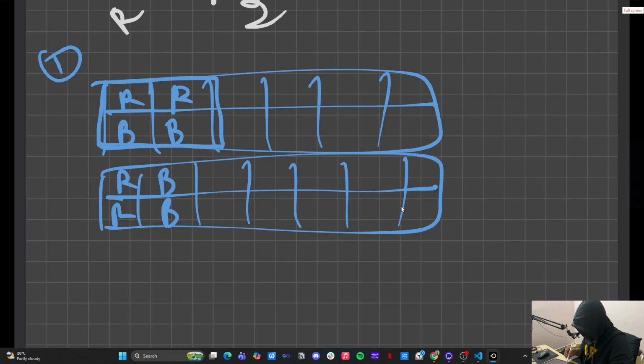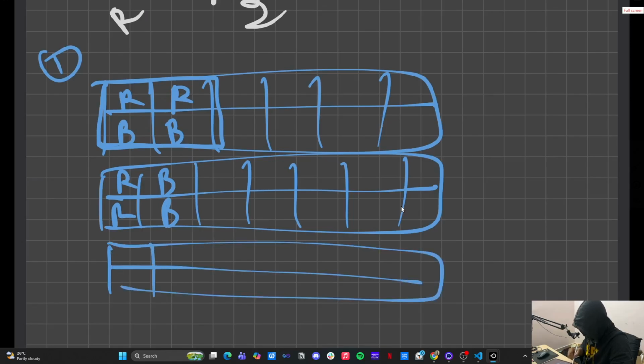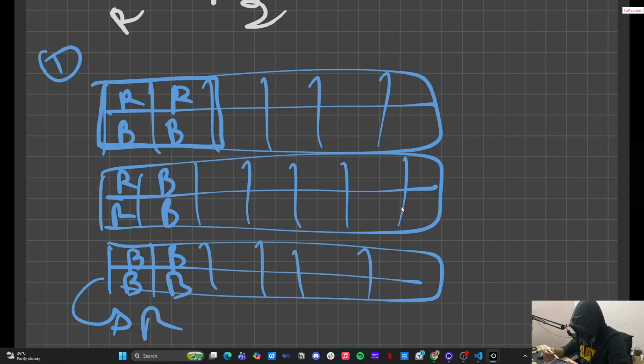If these are the cases, and there will also be two cases again, you can take all colors as blue, and one more case will be all colors as red, right? Then obviously you will make a pair. This is a pair, and this is also a pair. Your pointer was here, you will move now here. Similarly here also, this is a pair and this is a pair, so you don't need to do any painting, and your pointer will move this way. So this is the first case.